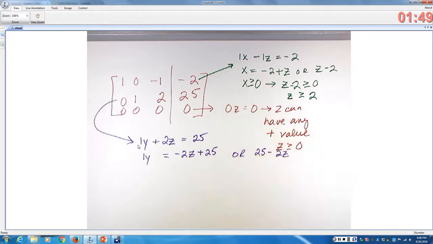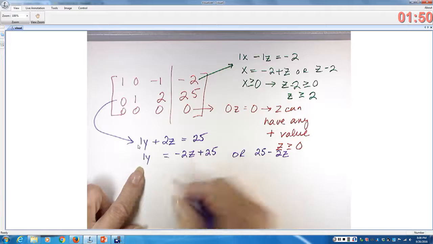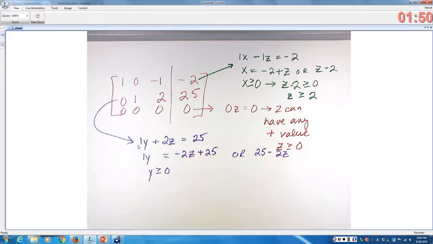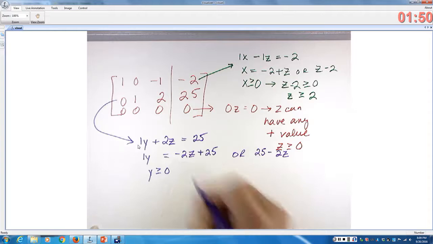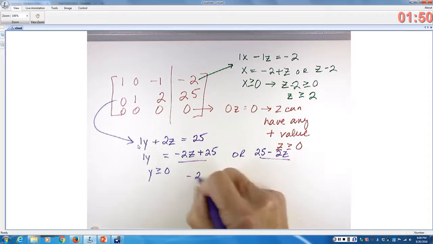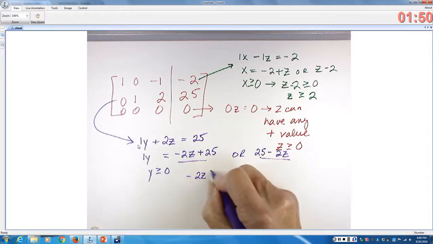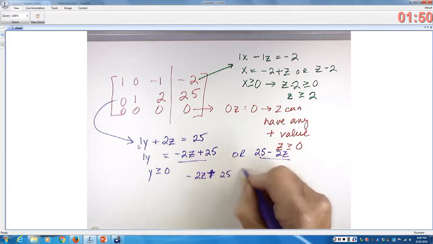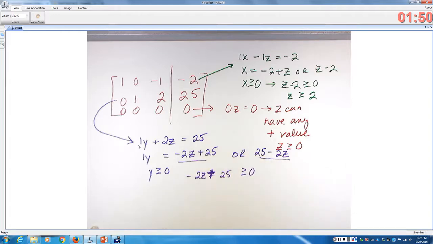Either way you want to write it is okay. It doesn't matter which order the terms are in. And then since I know that Y also has to be equal to or greater than 0 because it can't be negative, then I know that this expression, either one, has to be equal to or greater than 0.